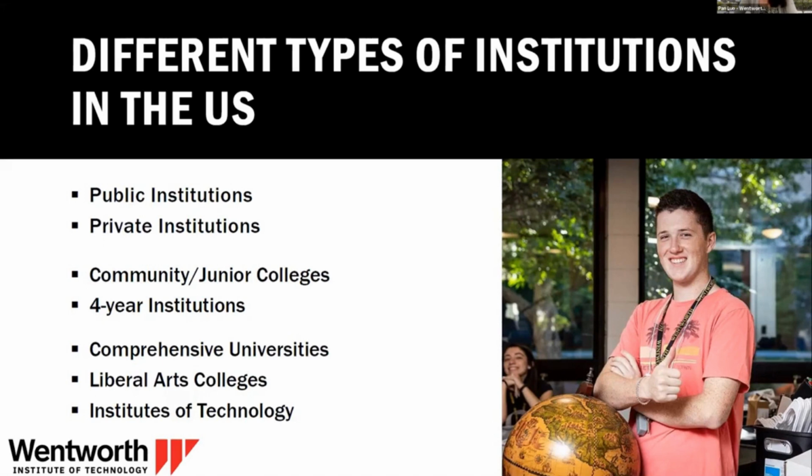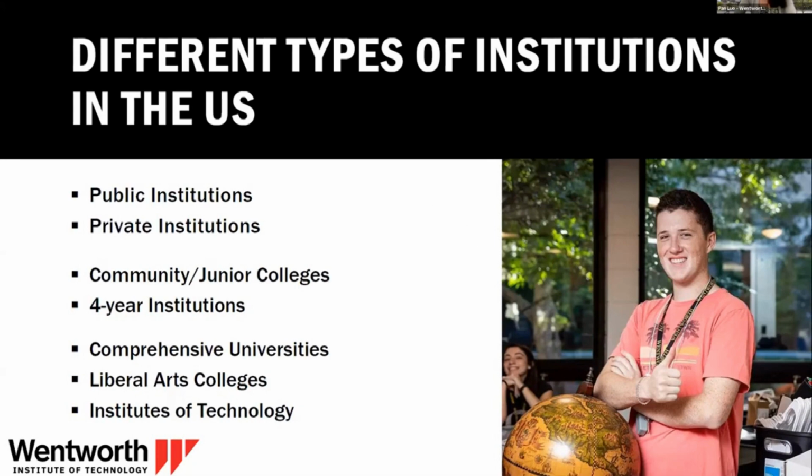The third group is based on the unique traits different institutions possess. Then we have comprehensive universities, liberal arts colleges and universities, and institutes of technology. By all means, it does not cover all types of institutions, and there certainly are overlaps with one another, but overall, this will give you a good understanding of the different types.